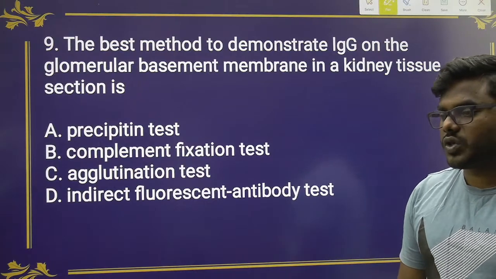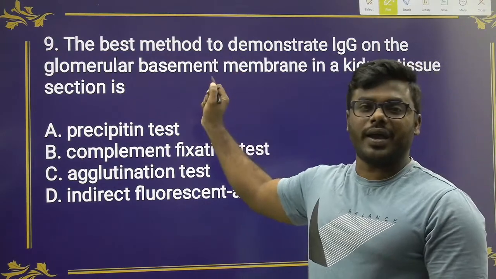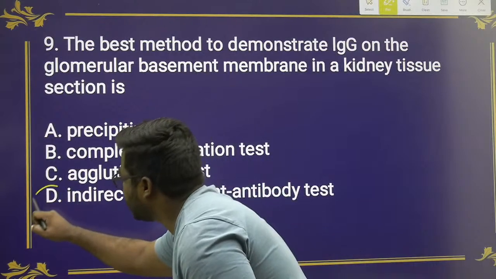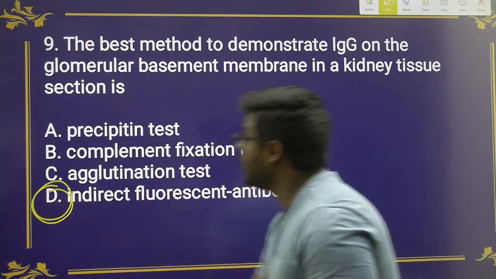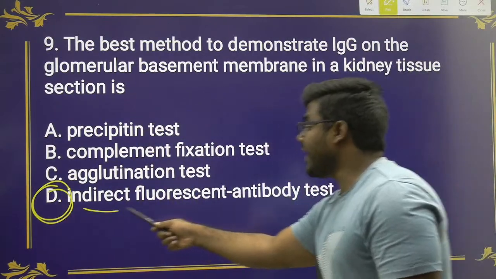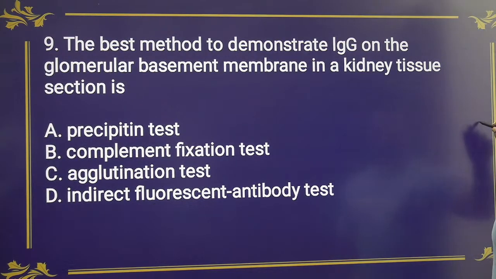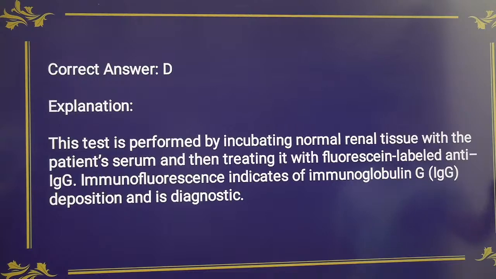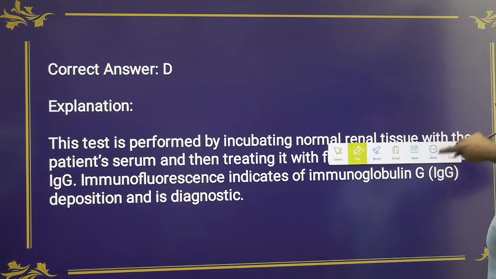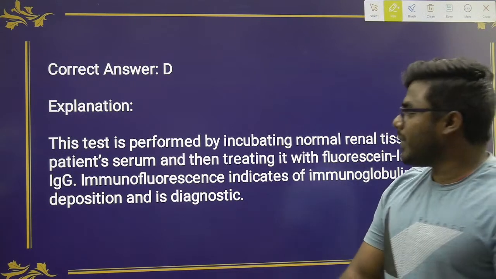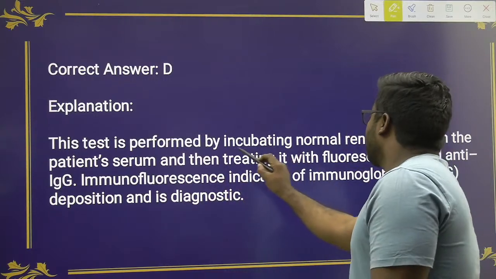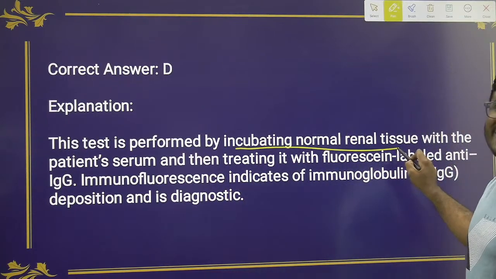Stop. Question number 9, the answer will be D, which is called the indirect fluorescence antibody test. What actually are we doing in this particular method? All of you look into this. In this method, we are incubating a normal renal tissue.